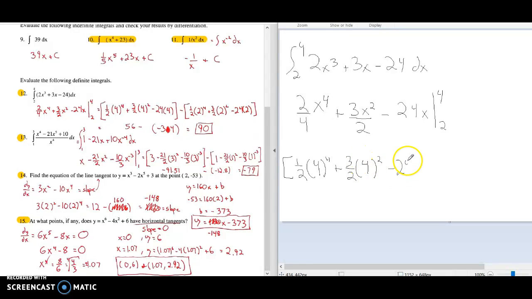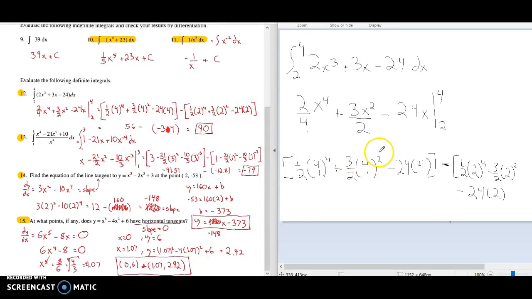And then subtract, now we plug in the 2: 1/2 times 2 to the 4th plus 3/2 times 2 squared minus 24 times 2. Now it's just pure calculations. And I got 90 for my answer.